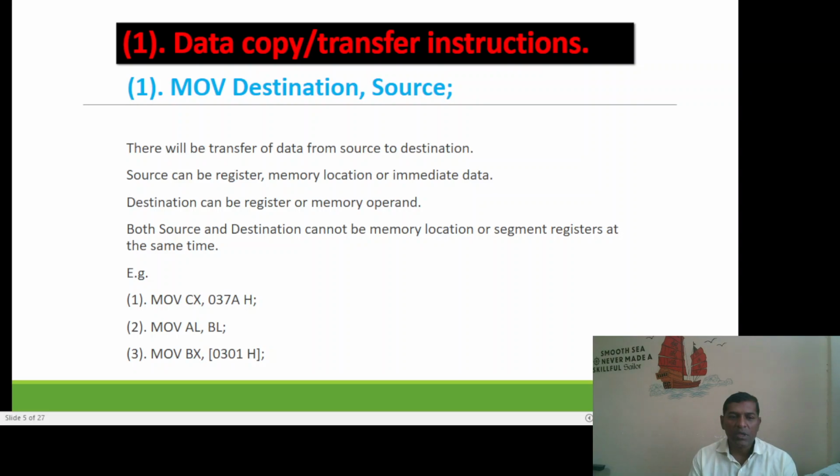So 0301 is considered as the address and the contents of data at this particular address are copied into the BX register, which will be done by the move instruction.